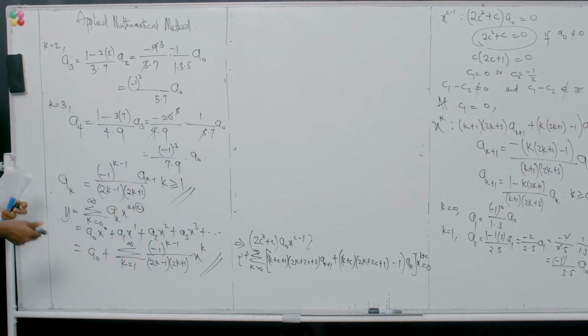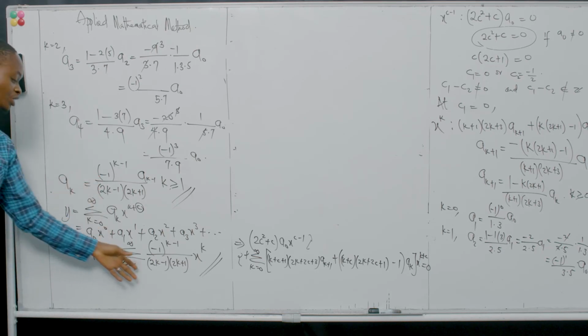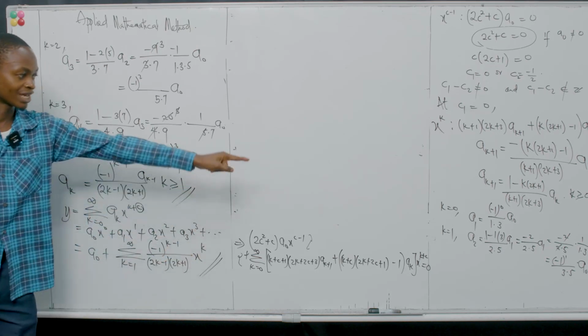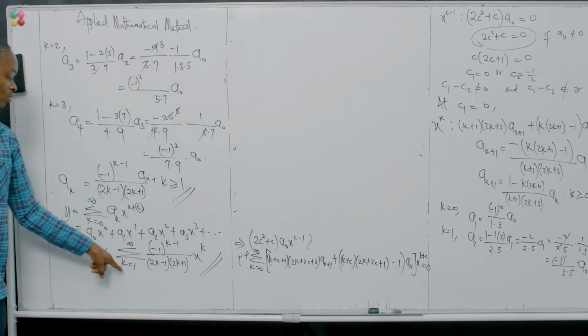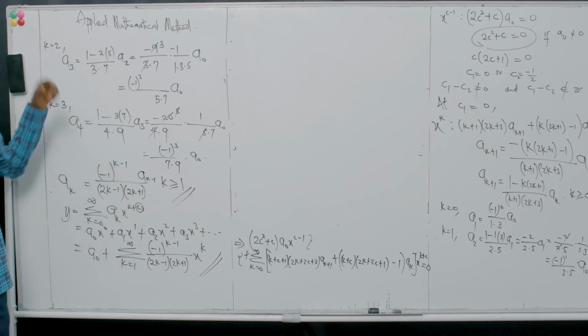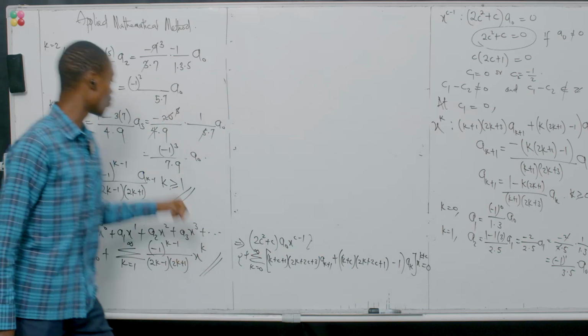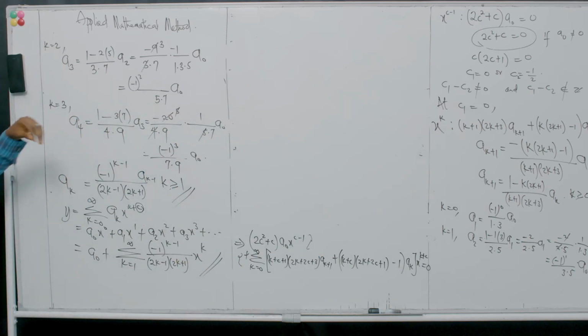This will now be my final answer. So this is why we generalize, so that we are able to now put it in summation. So when we put k equal to 1, I'll get that guy, k equal to 2, I'll get this one, k equal to 3, I'll get this one, and so on and so forth.